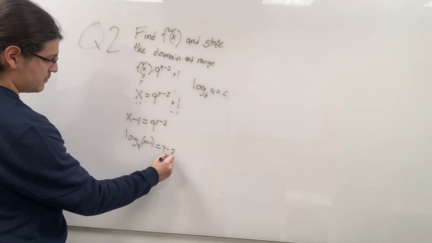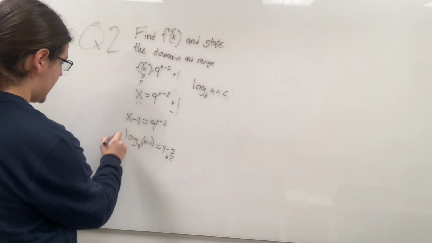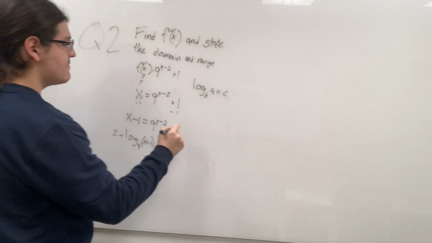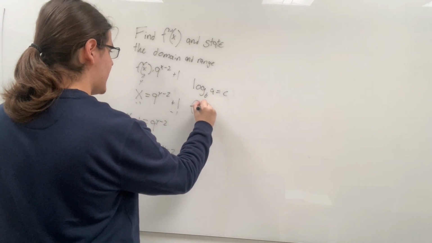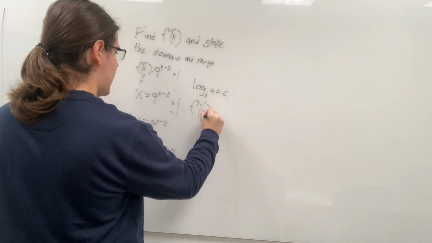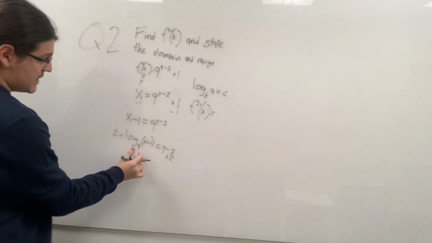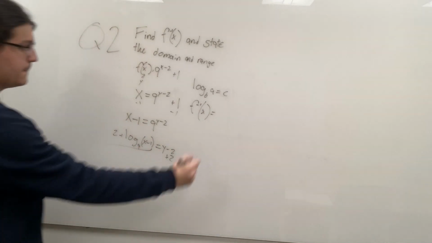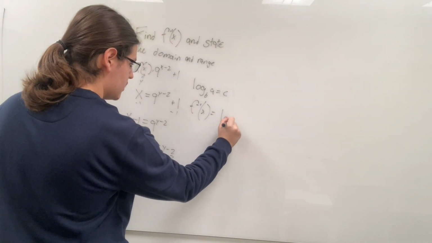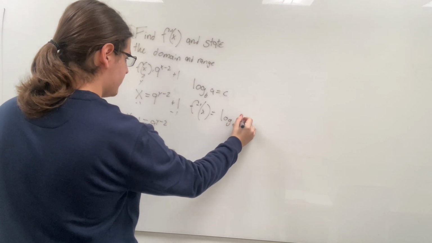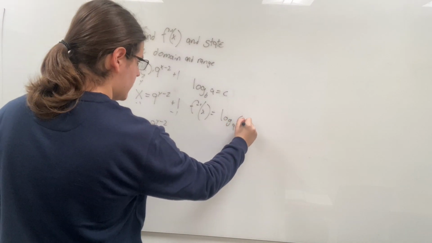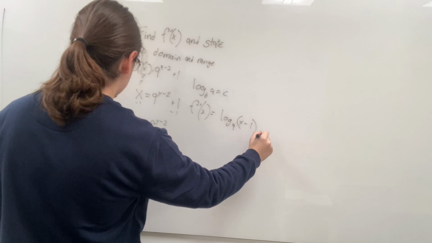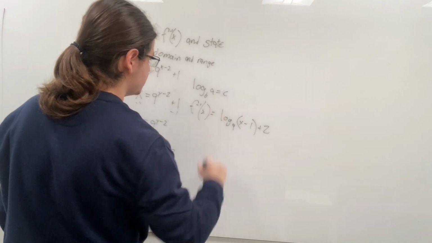So here, just simple one-step equation. We just add 2, and boom, we have found our f inverse of x. F inverse of x is just going to be this right here. Log 9 of x minus 1 plus 2.